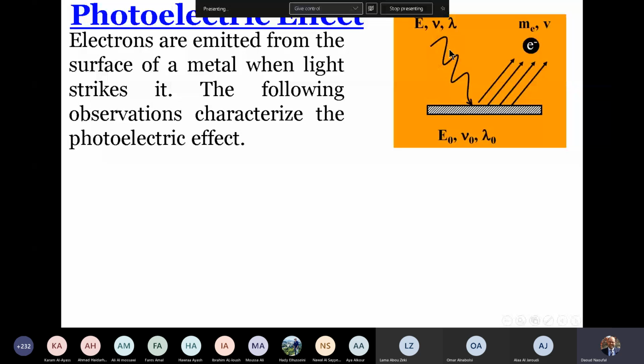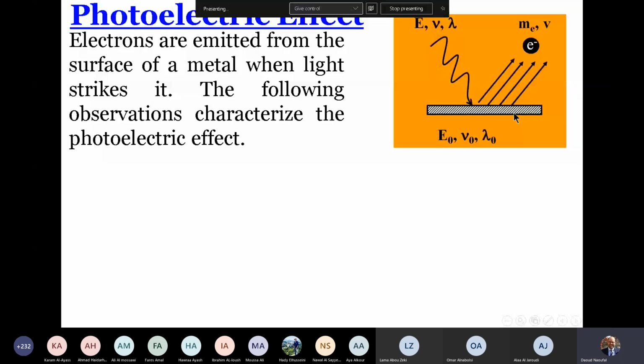Einstein observed that when a metallic piece is submitted to a radiation, we have emission of electrons from the surface of the metallic piece.